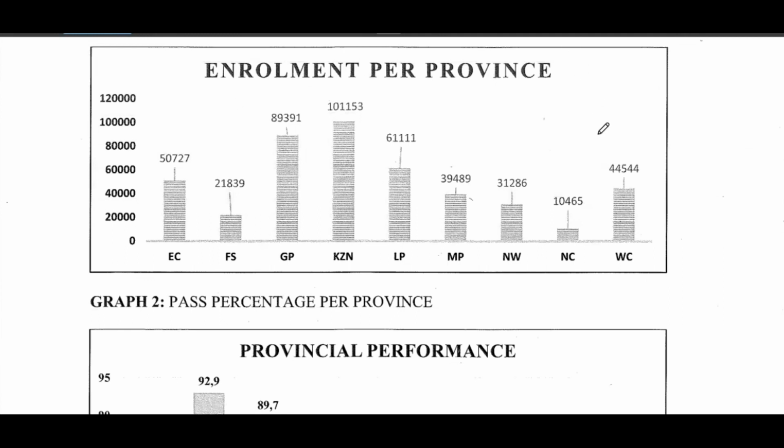We need to know the total number, so we shall add these numbers here. I want to write them, but you can add them. The answer you get is 450,005.